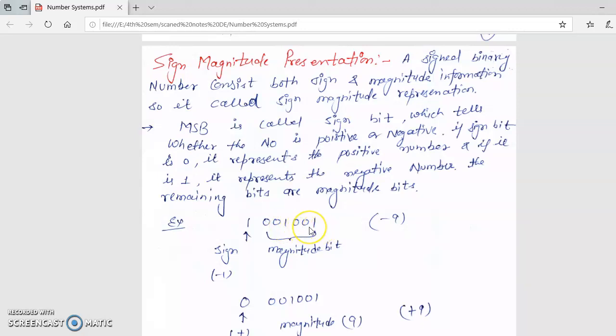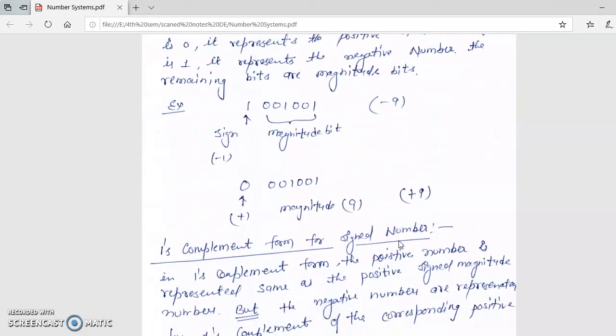So this number is minus 9. Another example: 0001001, this is 9 and this is 0, so it is positive 9, because an MSB of 0 represents a positive number.